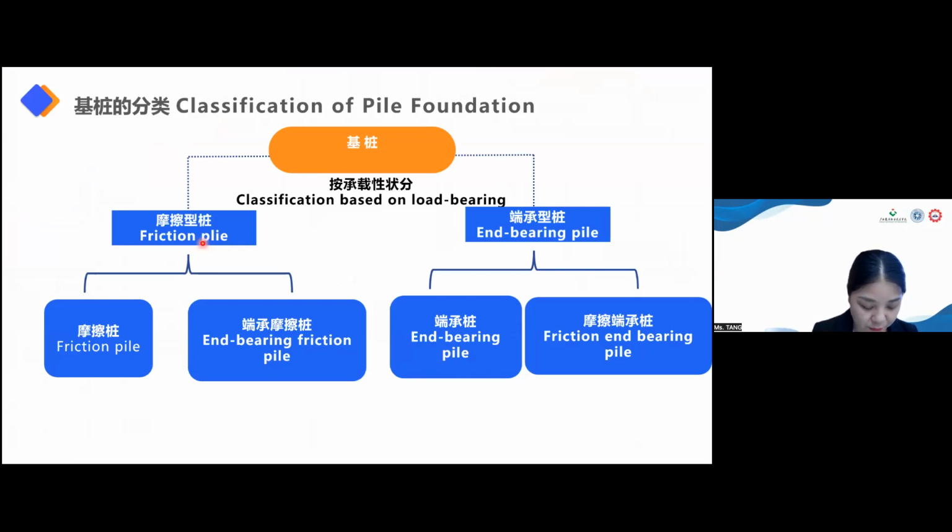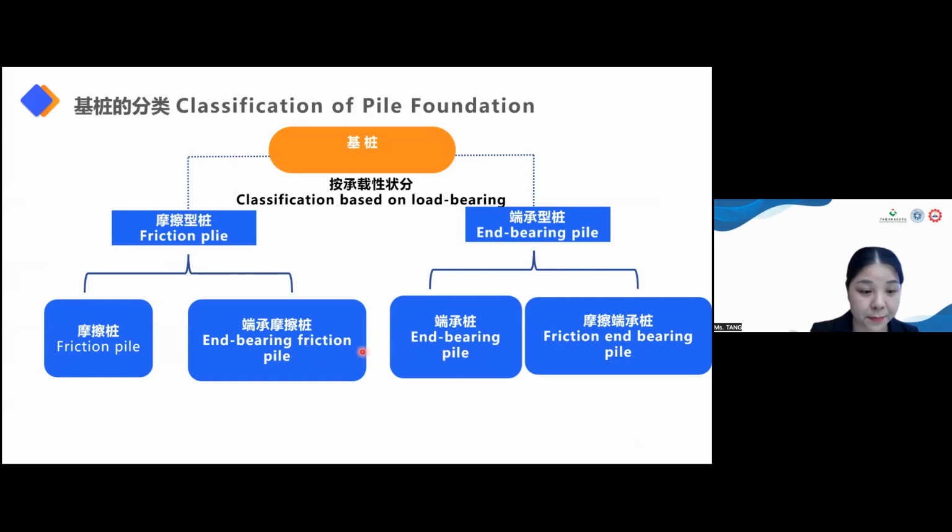There are many kinds of foundation pile classification. According to bearing characteristics, foundation piles can be divided into friction piles and end bearing piles. Friction piles include friction piles and end bearing friction piles. Friction pile refers to the vertical load of pile top being borne by pile side resistance, and the pile tip resistance is negligible.